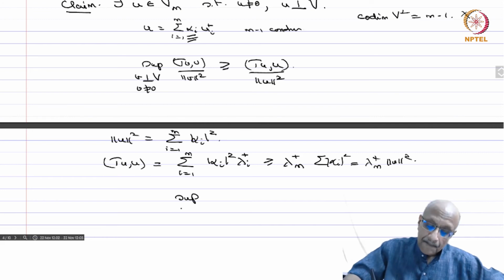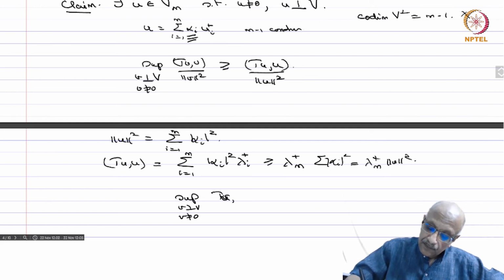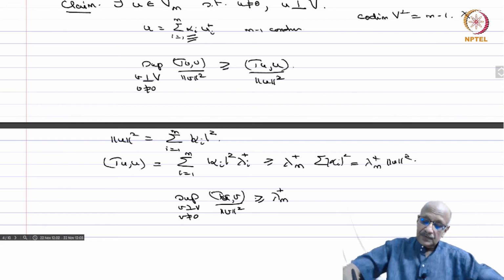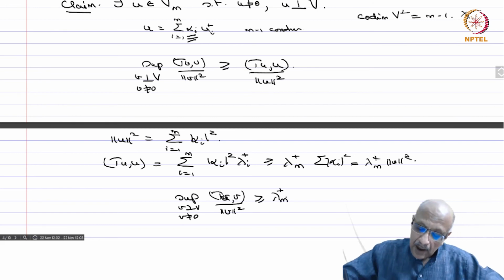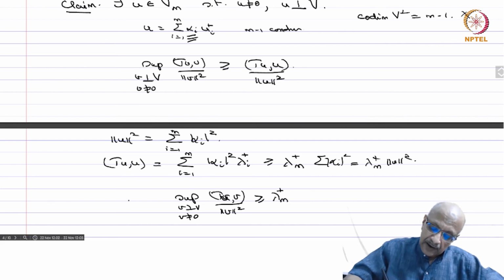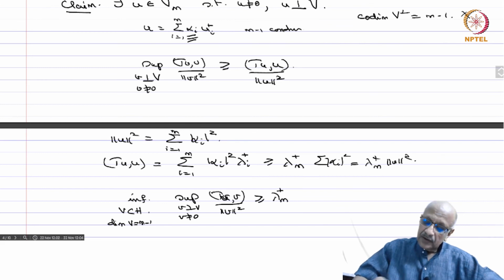Therefore sup over v in V, v not equal to 0, of (Tv,v) by norm v square is greater than or equal to lambda m plus. And this is true for any m minus 1 dimensional space. Therefore, if you take the inf over V contained in H, dimension V equals m minus 1, this is still true.